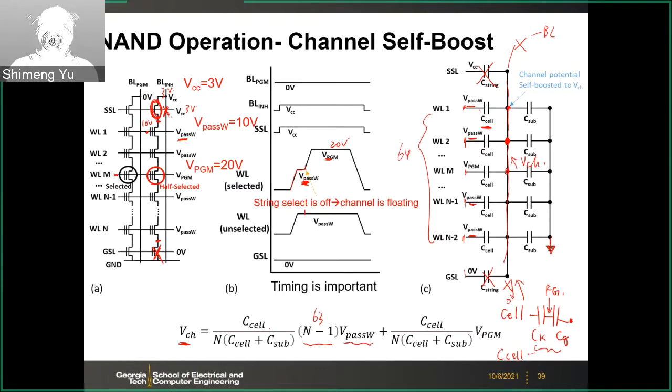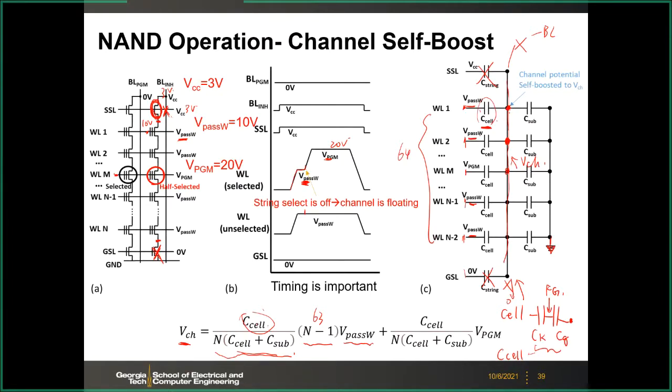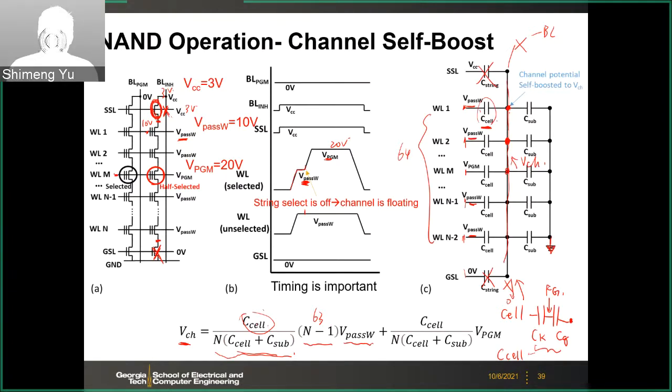So you can have the divider effect: C cell divided by the total cap. The total cap, you have n, 64, of those C cell plus C sub. So this is C total basically. And then you have the C cell. This is the divider effect for this particular node. And then you add up, and you have 63 of those contributions.